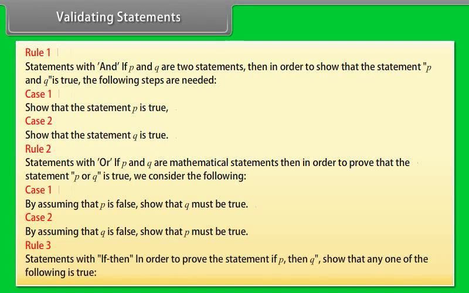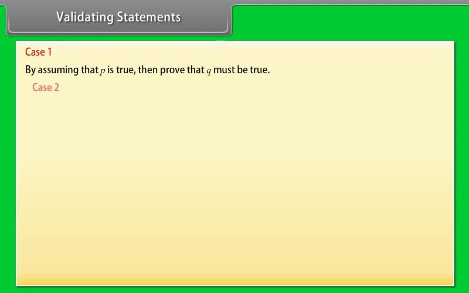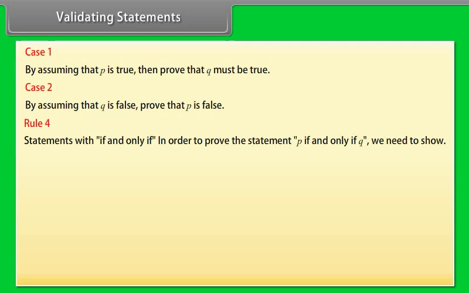Rule 3. Statements with if-then. In order to prove the statement if P, then Q, show that any one of the following is true. Case 1. By assuming that P is true, prove that Q must be true. Case 2. By assuming that Q is false, prove that P is false. Rule 4. Statements with if and only if. In order to prove the statement P if and only if Q, we need to show Case 1.